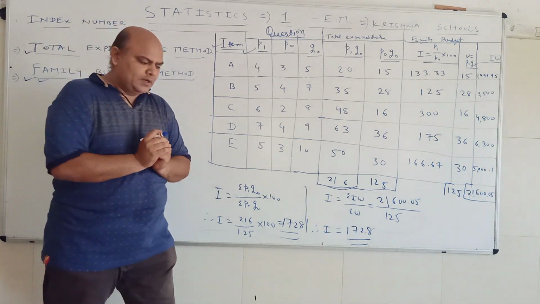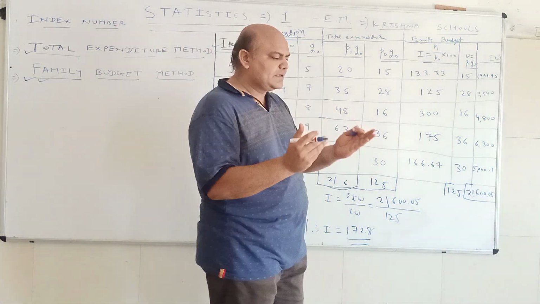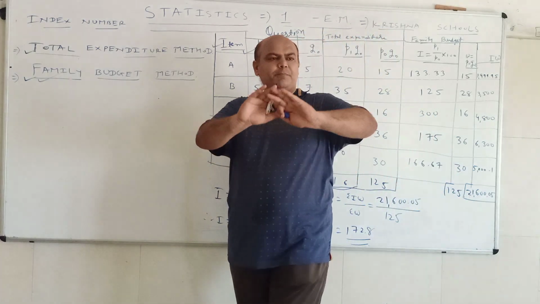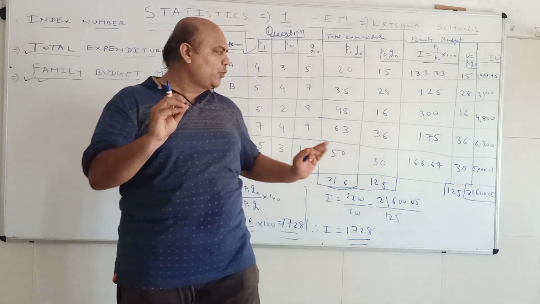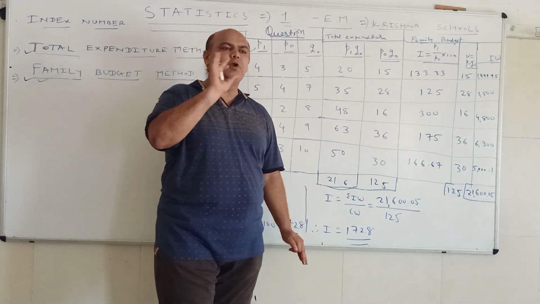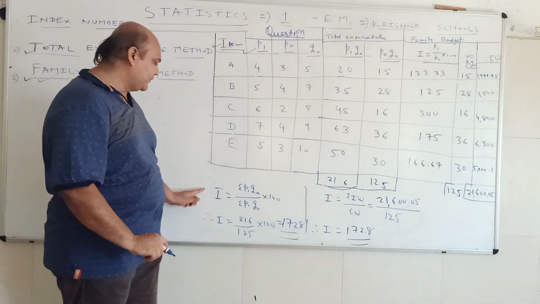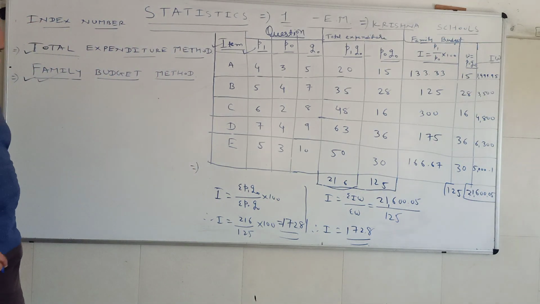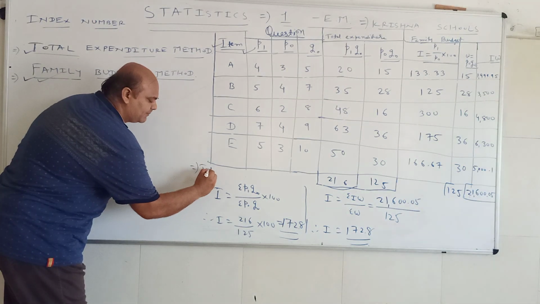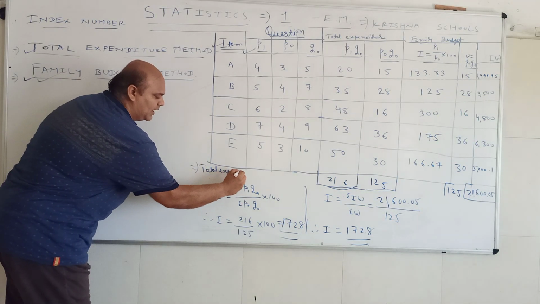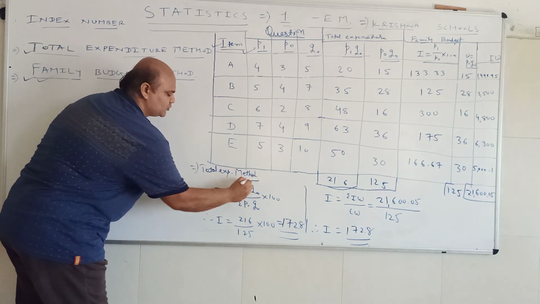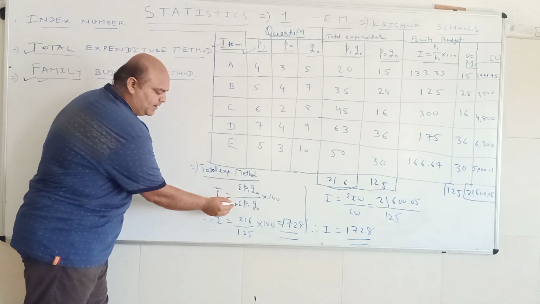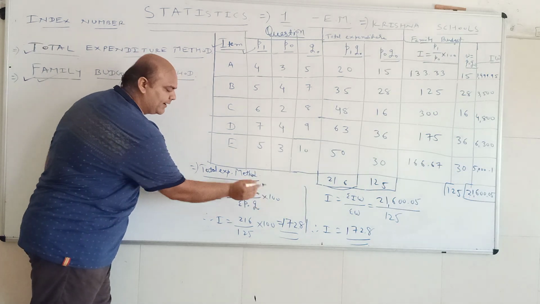As we all know, in statistics the answer of index number is based on the formulas. After preparing all the columns, we have to put the values into the formula. Now, for the first method, that is total expenditure method, the formula is I equals sigma P1 Q0 upon sigma P0 Q0 into 100.